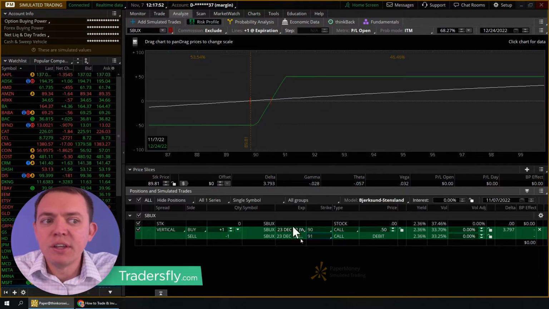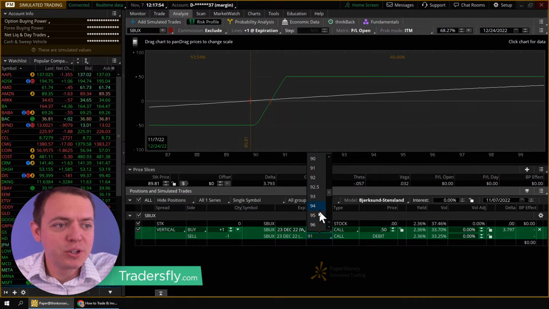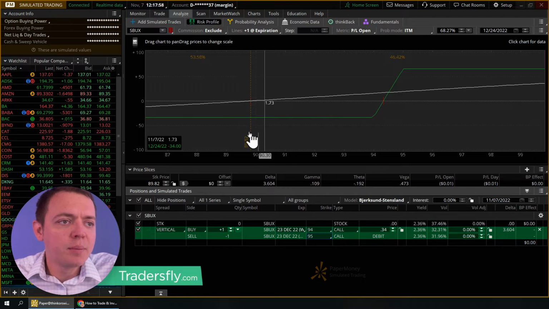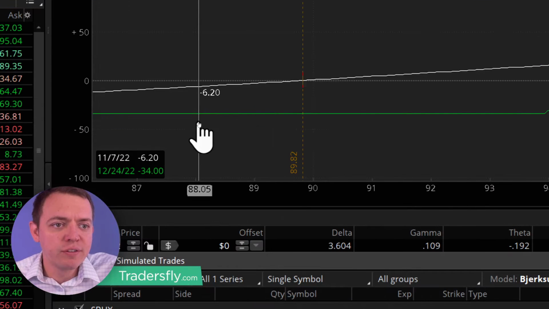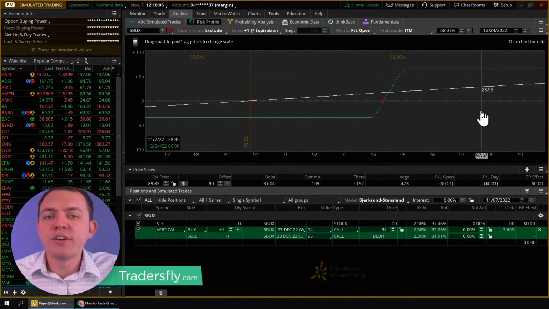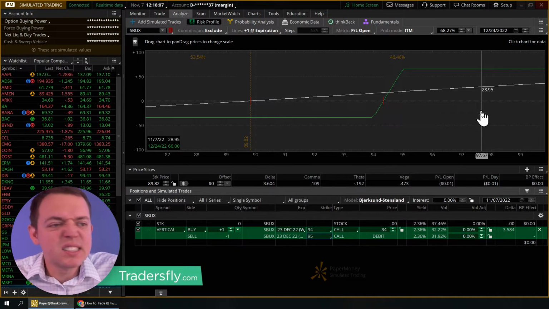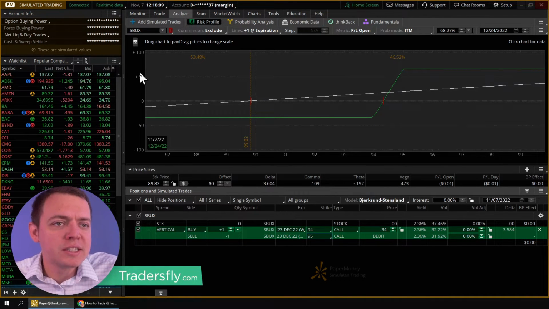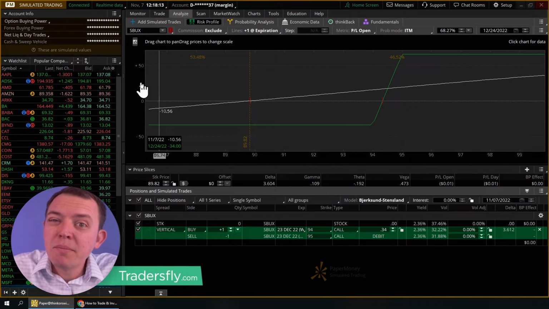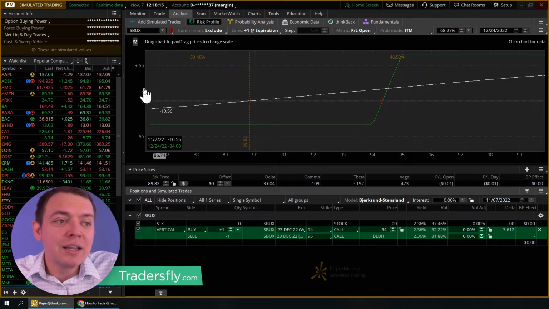Here I'm risking 50. And if you want to go even cheaper, you could go out of the money, although the probabilities are not as great. Here I could risk just $34. Now I need that stock to move a bit, but I'm risking $34 to maybe make $66. So my point is that when you're trading vertical spreads, you could risk a very small amount. You don't have to risk a lot of capital.